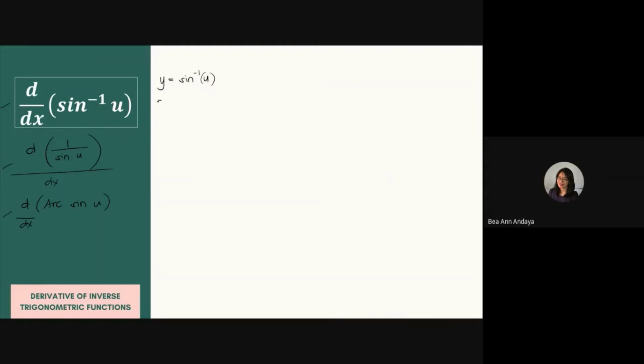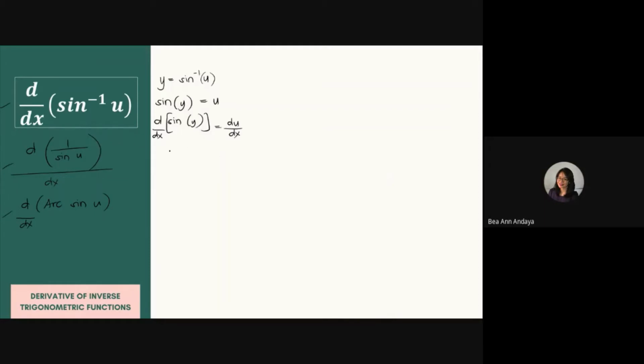So kung ita-transform natin ito, magiging sine of y equal ito na sa u. And from that, we can derive this implicitly by getting the derivative of sine y with respect to x and the derivative of u with respect to x.